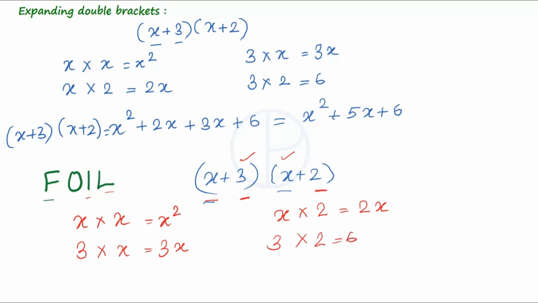Now add them all together, we get x squared plus 2x plus 3x plus 6, which is equal to x squared plus 5x plus 6.